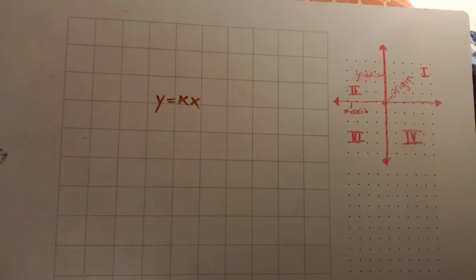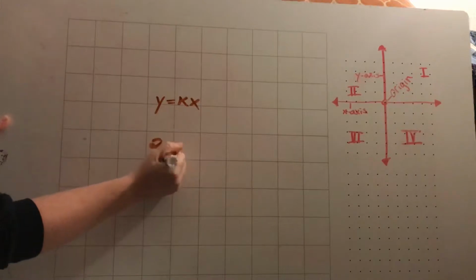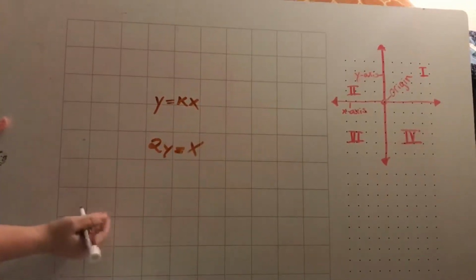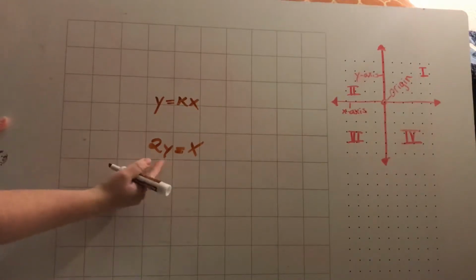Okay, to check whether an equation represents a direct variation, solve for y. If the equation can be written as y equals kx, then it represents a direct variation. So the first problem they give us in identifying is 2y equals x. So we want to solve for y.